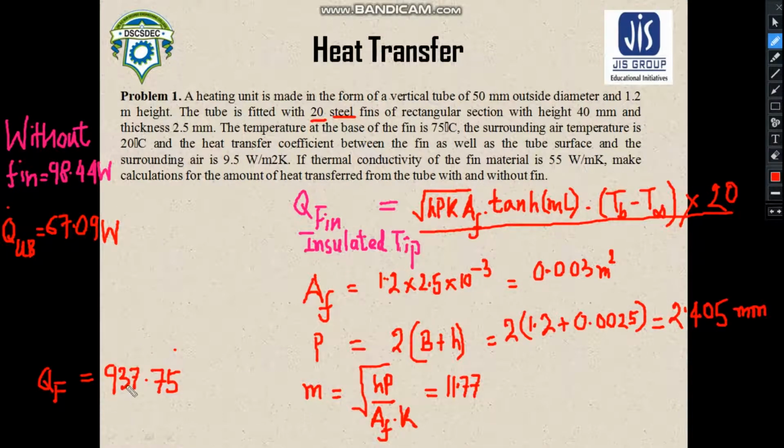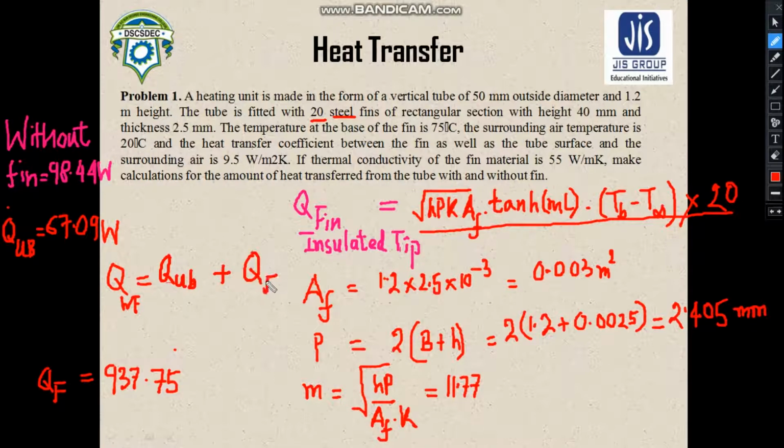So the total heat transfer with the presence of fins simply becomes 67.09 plus 937.75. So the heat transfer rate with fins, I am just using this W to suggest, okay, I will write W with fins becomes Q_ub plus Q_f.